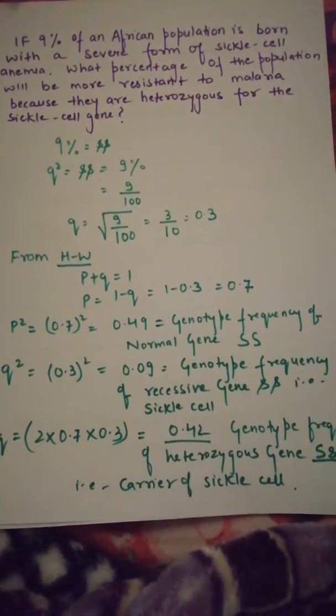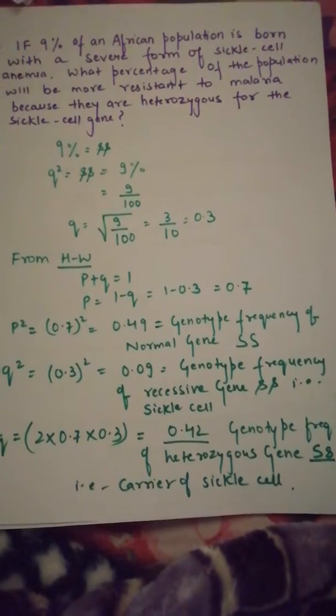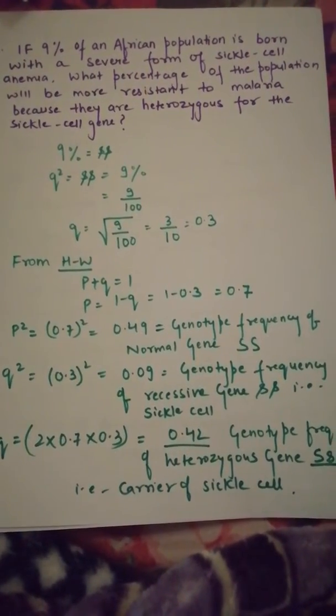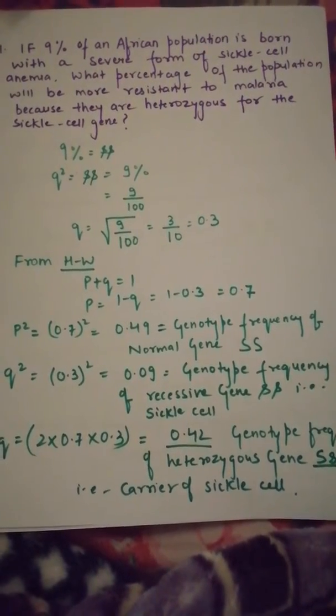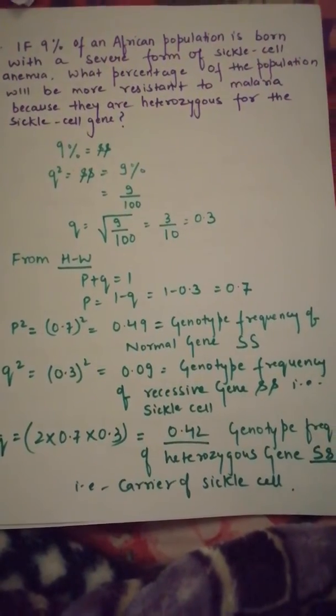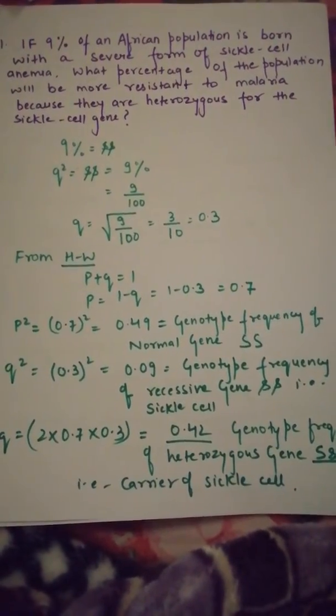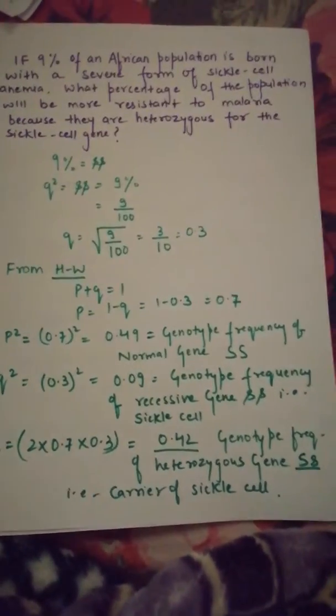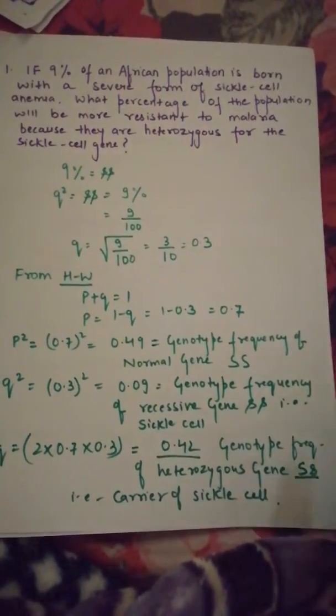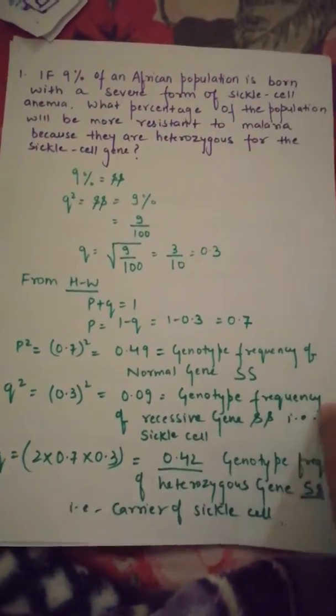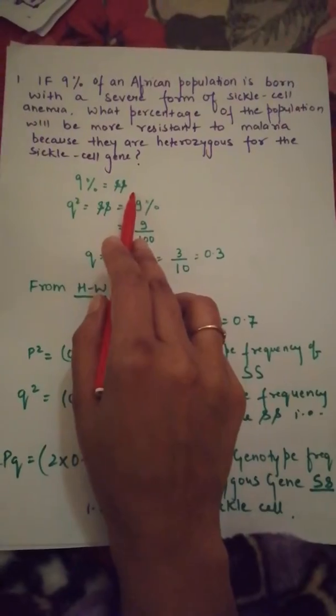First, 9% of an African population is born with the severe form of sickle cell anemia. Sickle cell anemia is caused by recessive alleles. Here we denote it with small s.